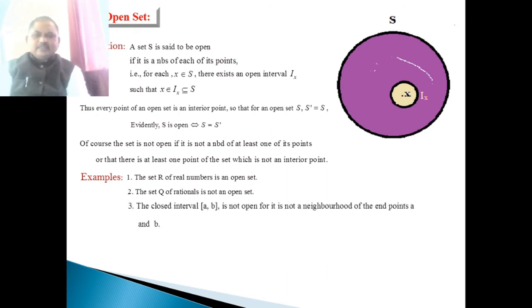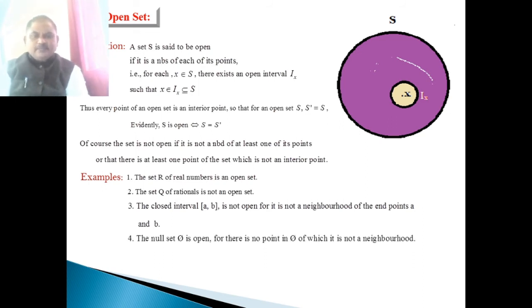Similarly, the closed interval is not open because there are two points, the end points a and b, which are not interior points of this closed interval. Therefore, by the definition, this closed interval is also not an open set. The null set phi is open, as there is no point in phi which is not an interior point.